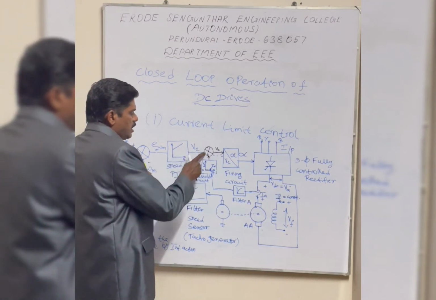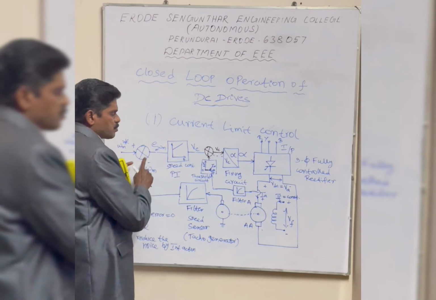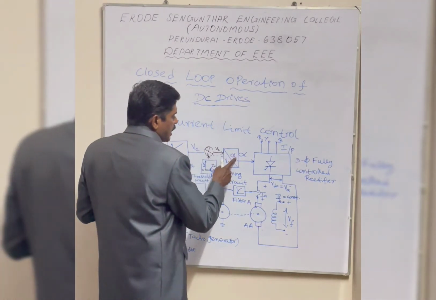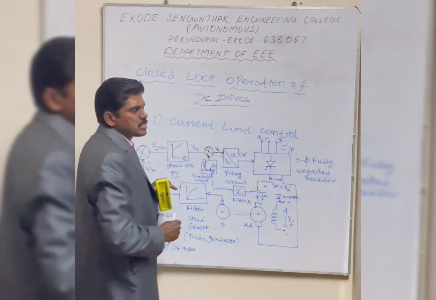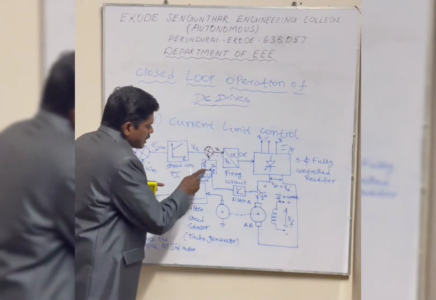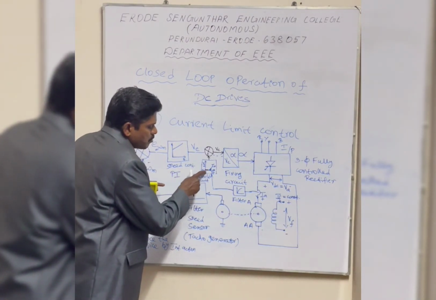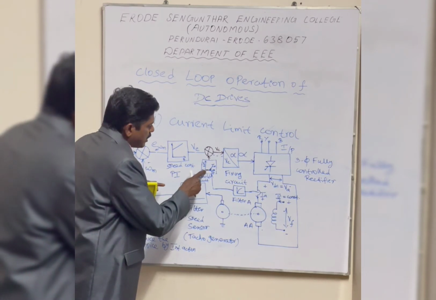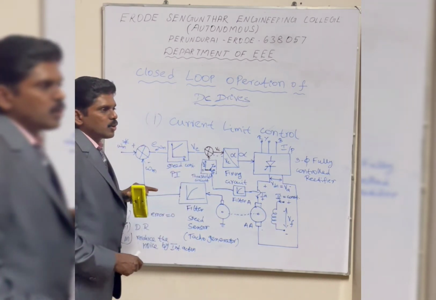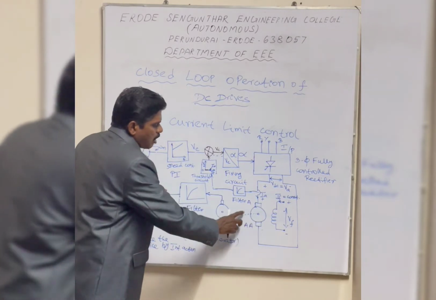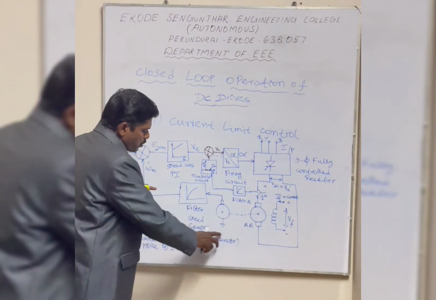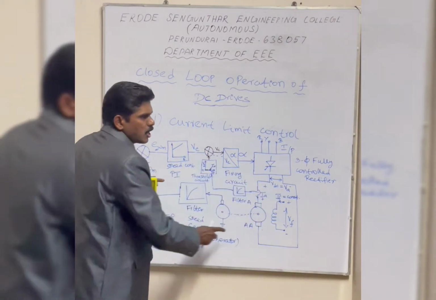Therefore, the signal generated by the speed loop alone is taken care of in generating the firing pulse. Until that time the current signal is lesser than this maximum permissible value. Therefore, VC equals 0.